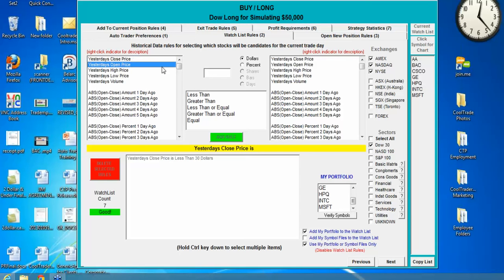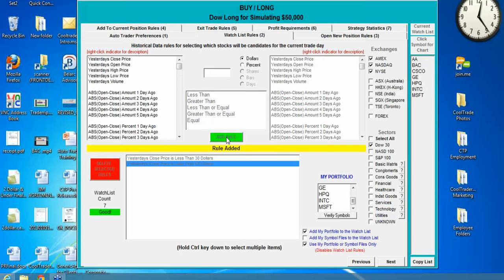Yesterday's close price, we could click on that, is less than, let's say, $50, and then we just click Add Rule. So it's pretty simple on how to do that. And if you want to, let's go ahead and uncheck this.